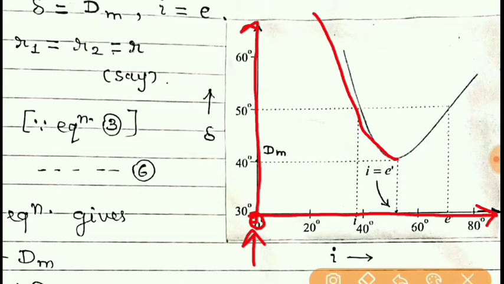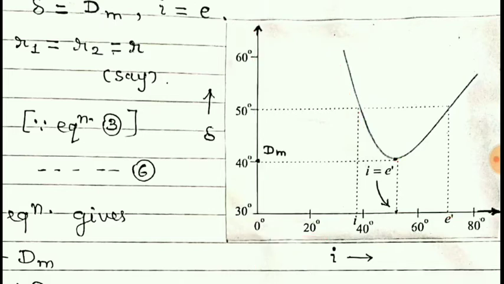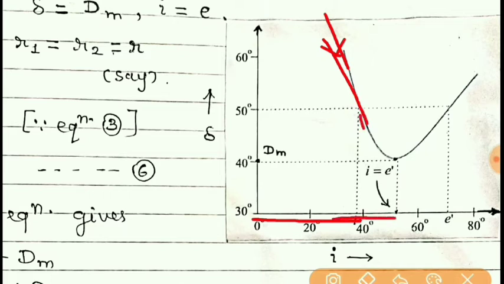That is, maximum deviation will be there when the angle is 0. Now if we increase the incident angle from 0 to 20 and so on, what will happen? The deviation will decrease. It will move in this direction. As you increase the angle of incidence, the deviation will decrease, and at one particular angle the deviation becomes minimum.